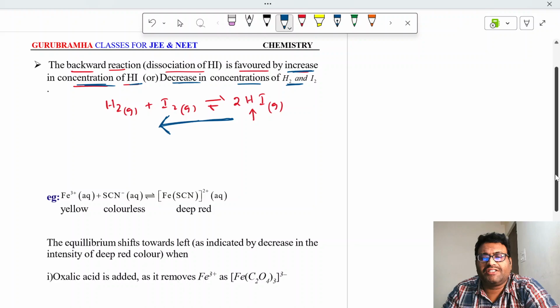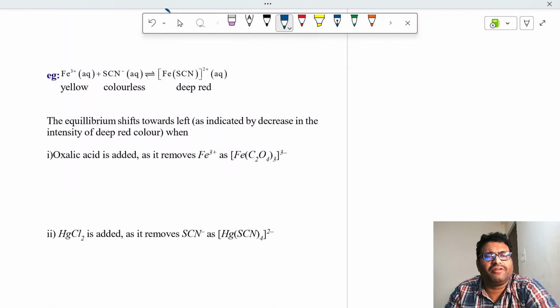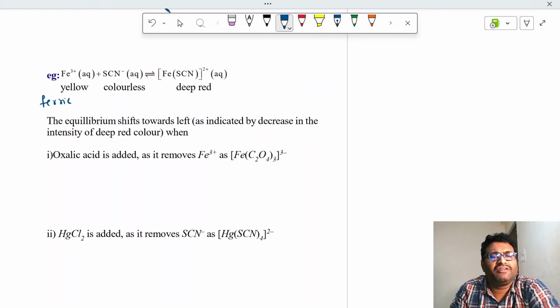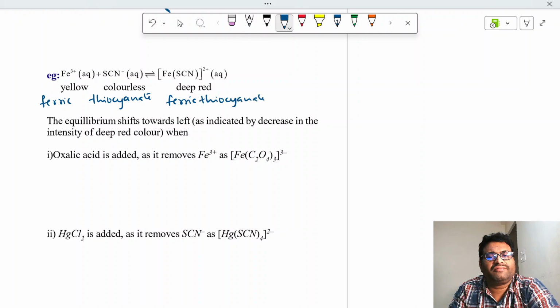Okay, let us see another example. Ferric ion and thiocyanate forming ferric thiocyanate. This is completely in equilibrium.